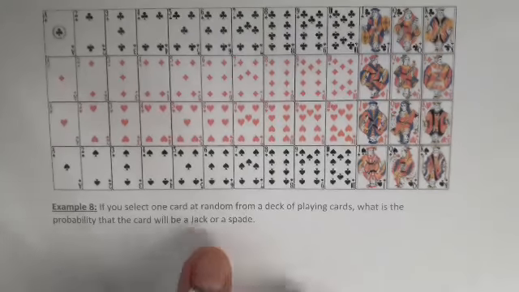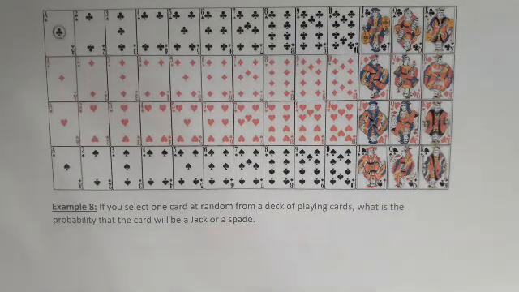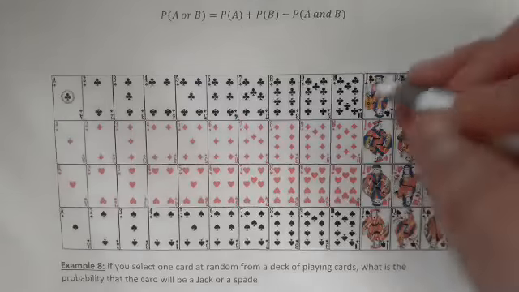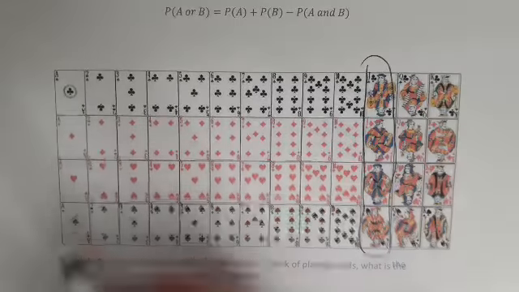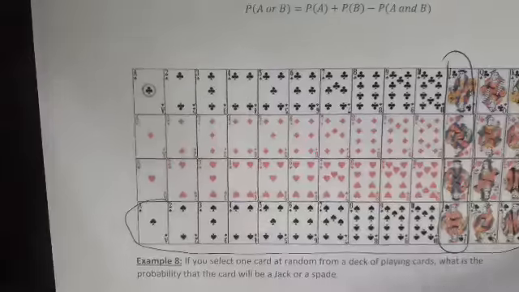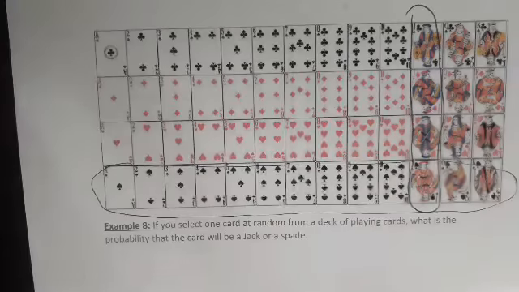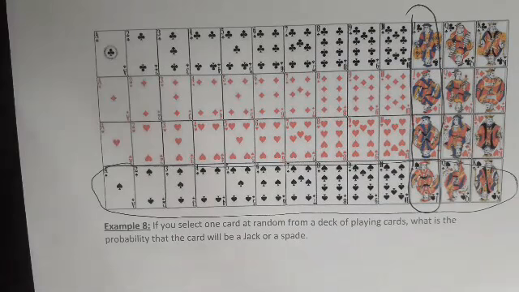If you select a card at random from a playing card deck, what's the probability the card will be a jack or a spade? So if I look along here at my jacks, and I look here at my spades, notice they have something in common, and that guy is called the jack of spades.